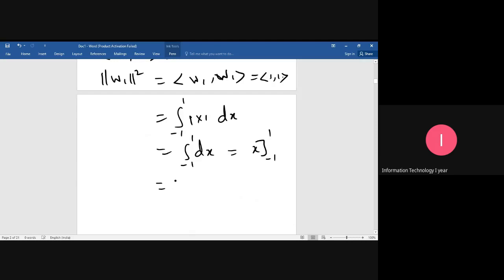Applying the limits, upper limit minus lower limit, it is 1 plus 1, which is 2. So norm W1 square is 2.